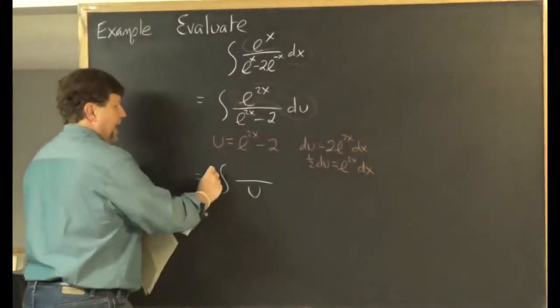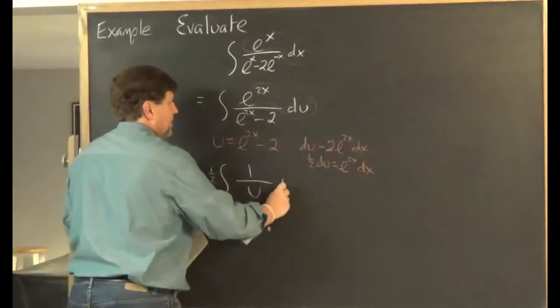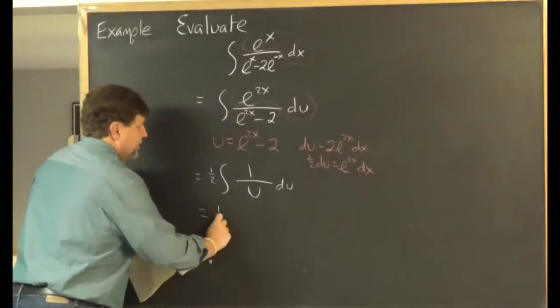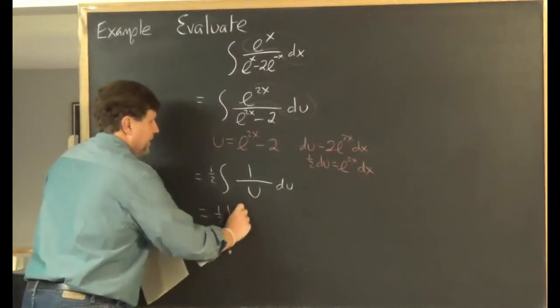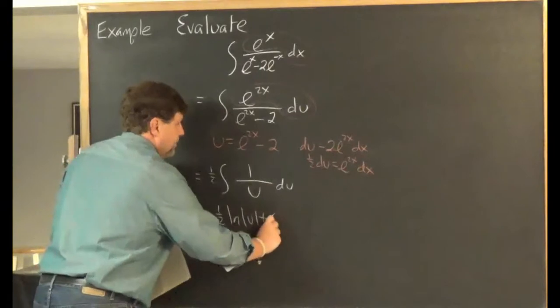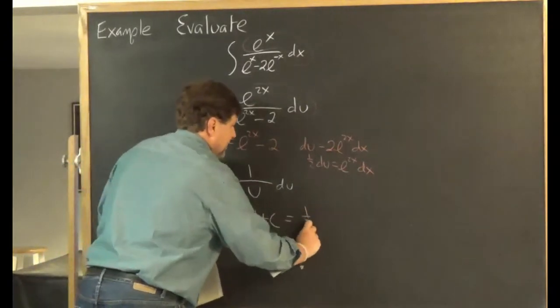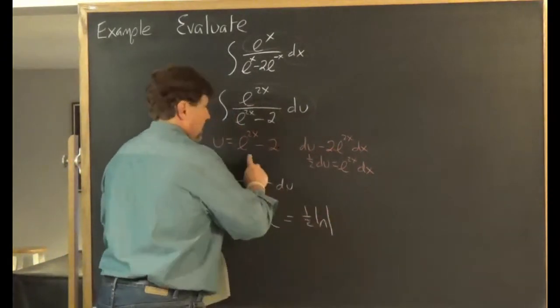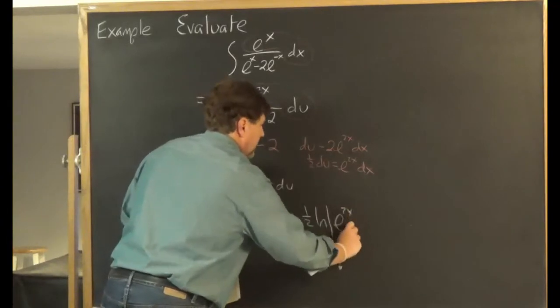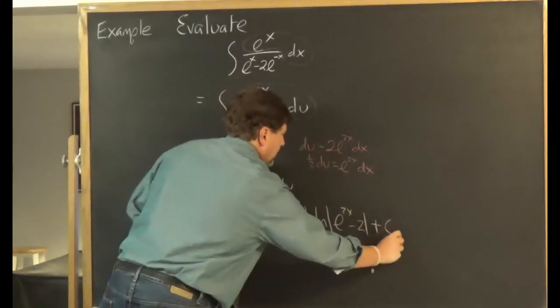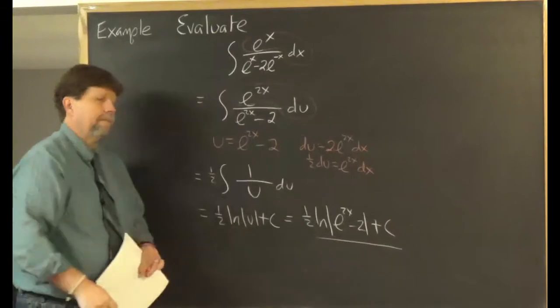And I take the 1/2 and rip it out front, get an antiderivative. The antiderivative here is natural log absolute value of u. Resubstitute, and we get the same thing.